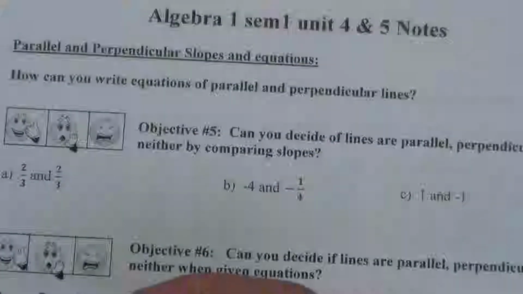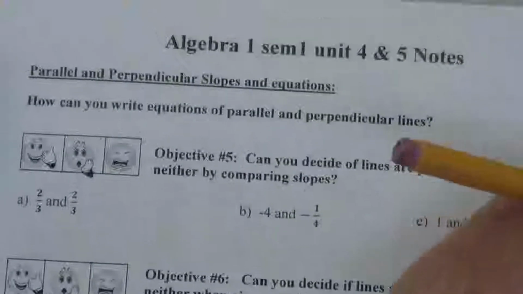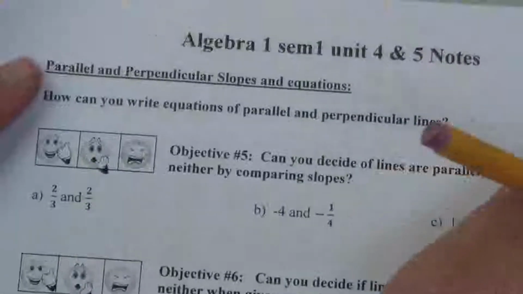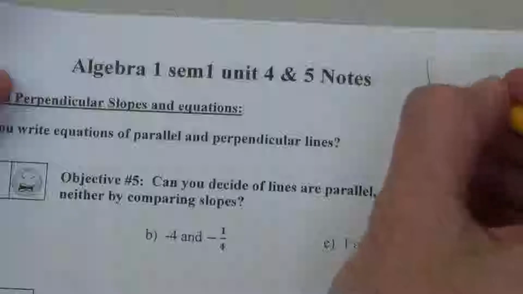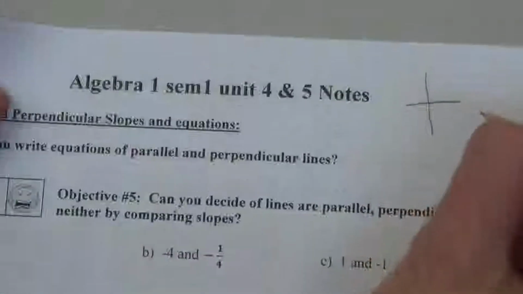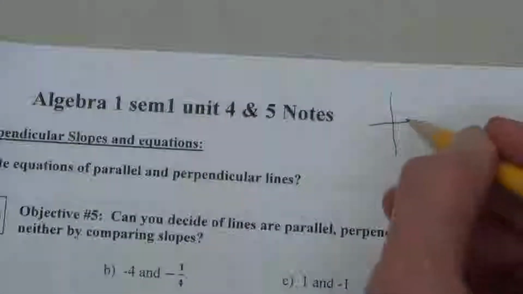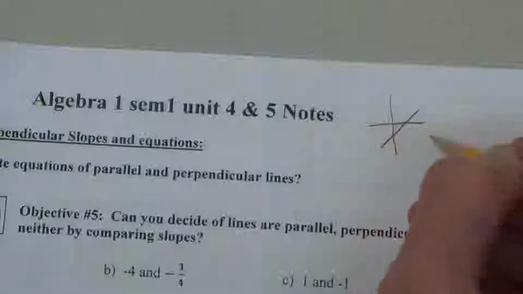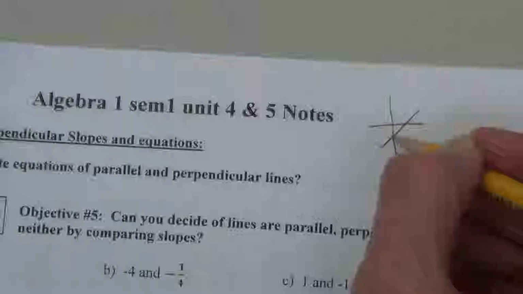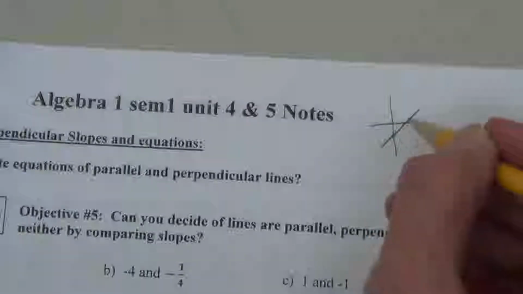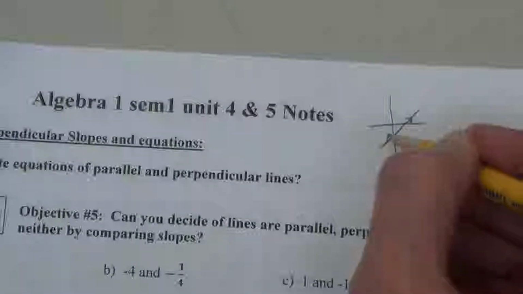Now, if you think back to our last lesson, their slopes would be the same, but their y-intercepts could not be. If their y-intercept was the same, then they would be the same line. For example, there's a line with that slope. If it has the exact same y-intercept and it's got the same slope, it would just lay right on top of that line.